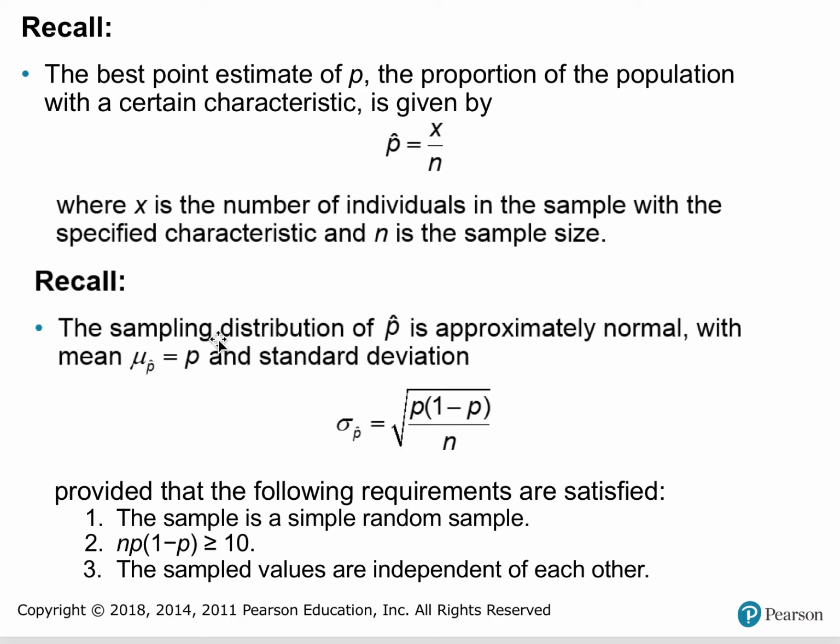Also, if it's approximately normal, then the mean is p, and the standard deviation has a formula, provided that these three requirements are met. So we have to think about these every single time. The sample is a simple random sample, n p (1 minus p) is more than 10, and the sampled values are independent of each other, which means the sample is less than 5% of the population.